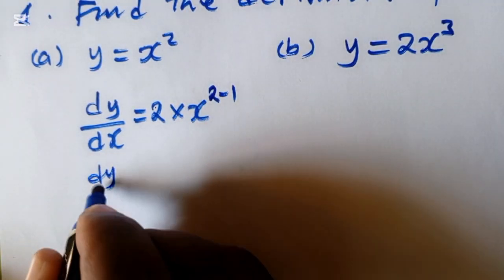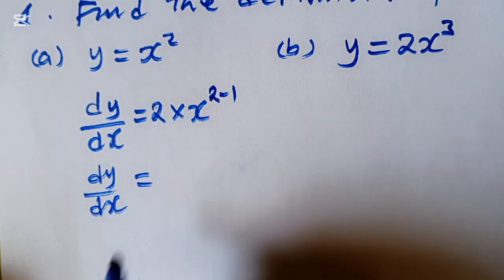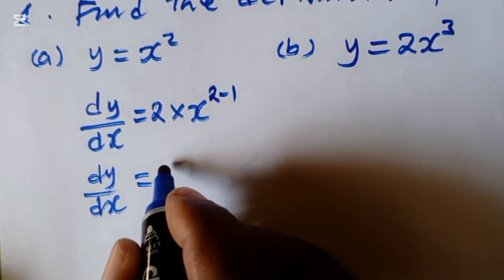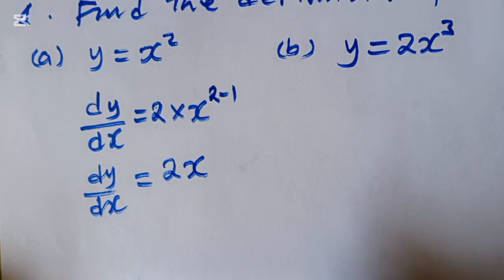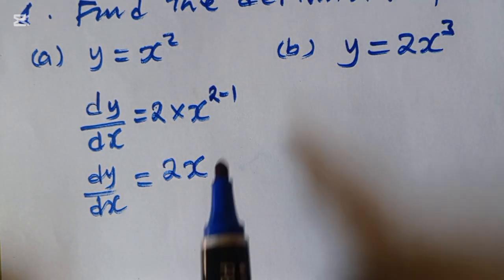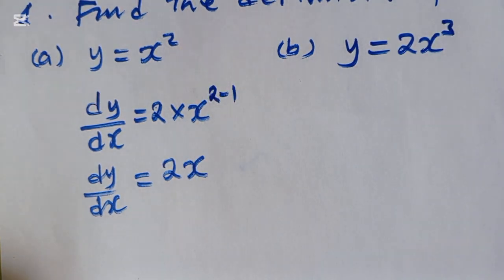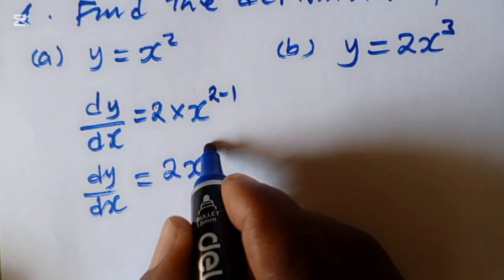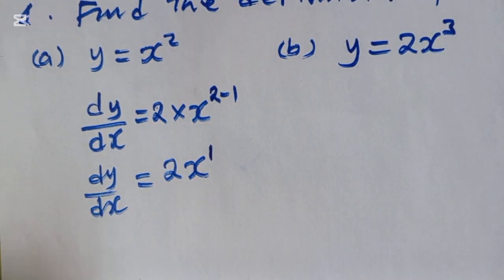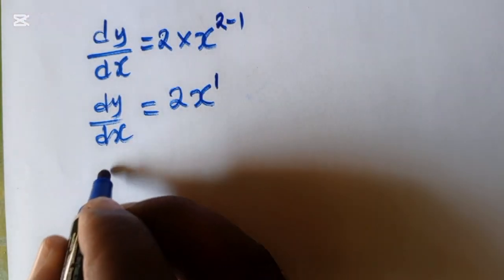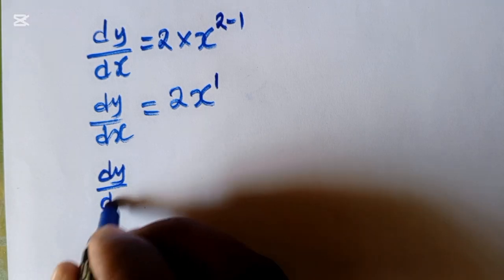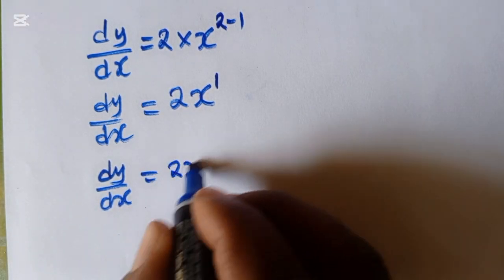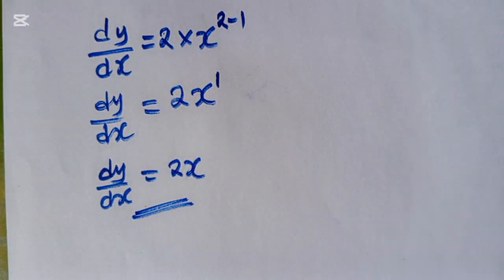So dy/dx is equal to 2x, then 2 minus 1 is 1. Remember that x to the power 1 is x. So my final answer is dy/dx is equal to 2x. That is the final answer.